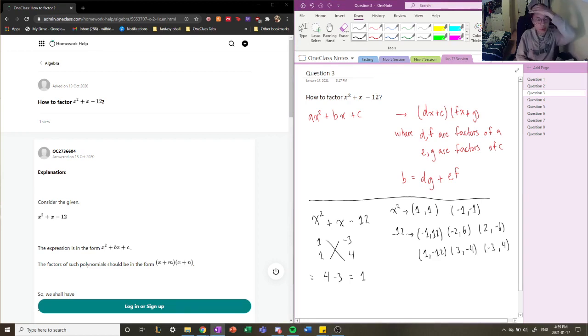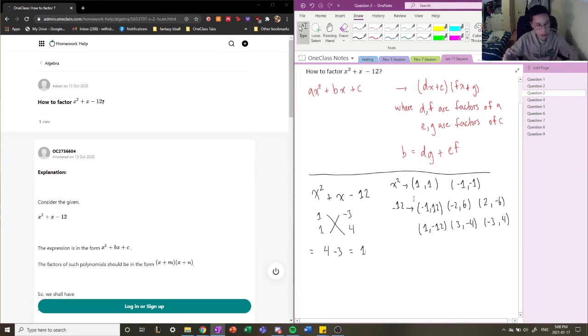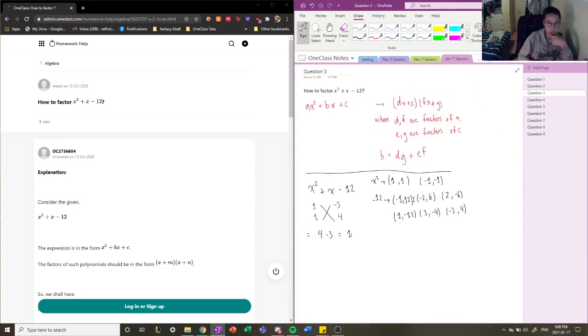The order of how you cross multiply them matters. I could have put 4 at the top and negative 3 at the bottom, and it would still give me the right answer. But there are some quadratic functions where the order of your factored pair matters, and hopefully in future lessons I can show that. But we're going to continue moving on.